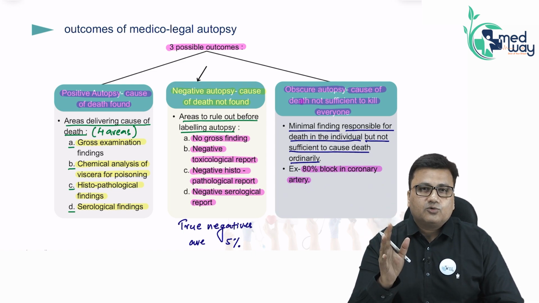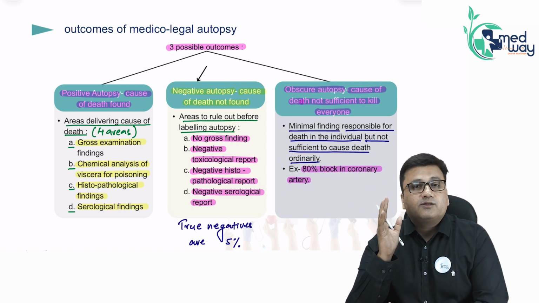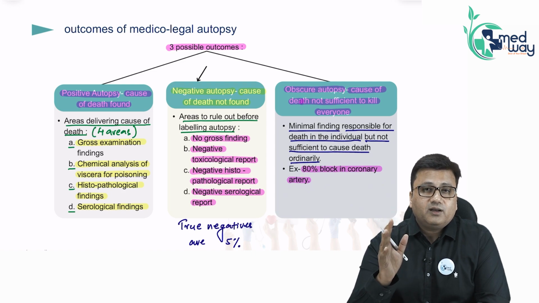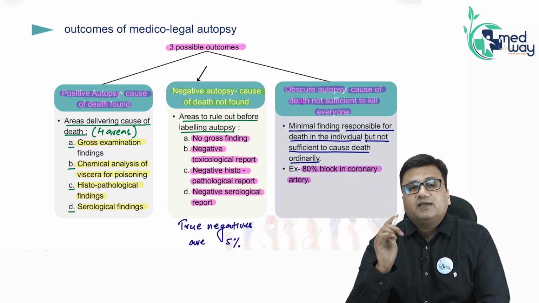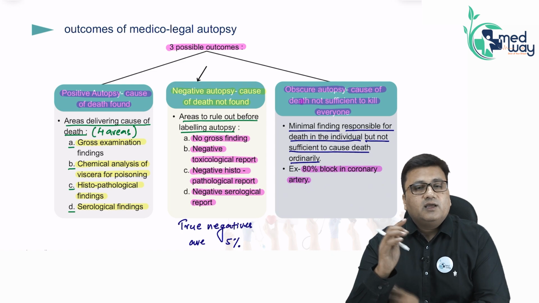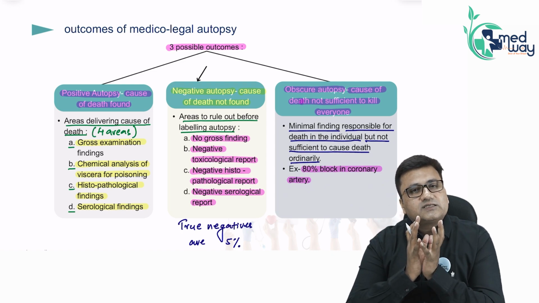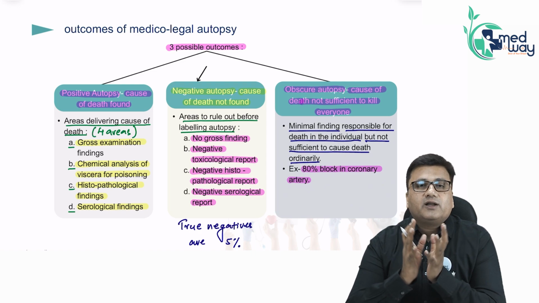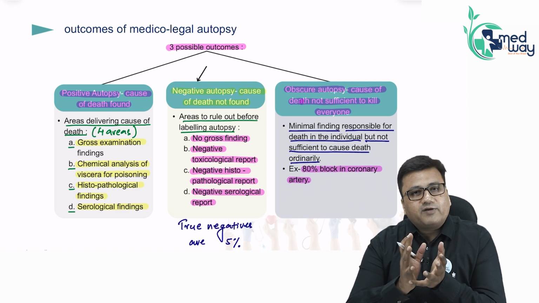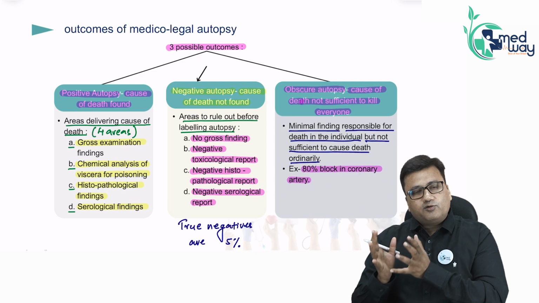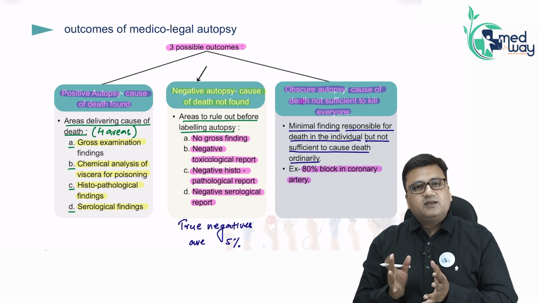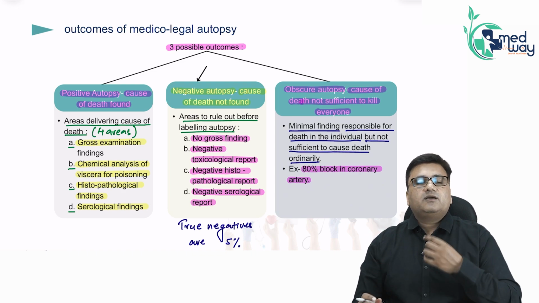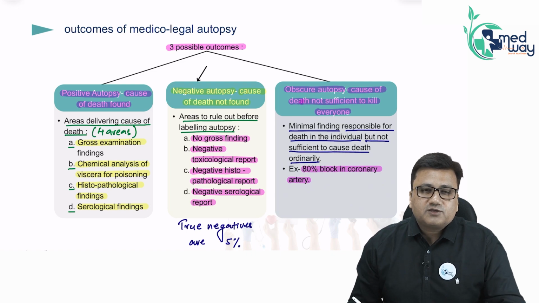The answer is no. This isolated finding is not sufficient to kill everyone, but it may be the cause of death in one particular individual. If only these kind of findings are seen in a person, this is called as obscure finding, and if only obscure finding is seen in a dead body, the autopsy is called as an obscure autopsy.